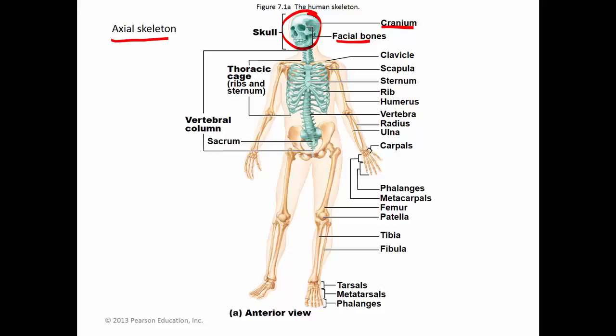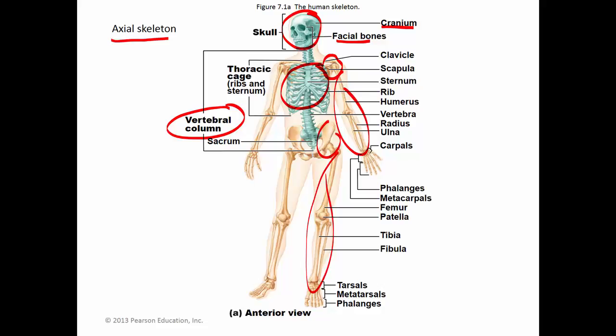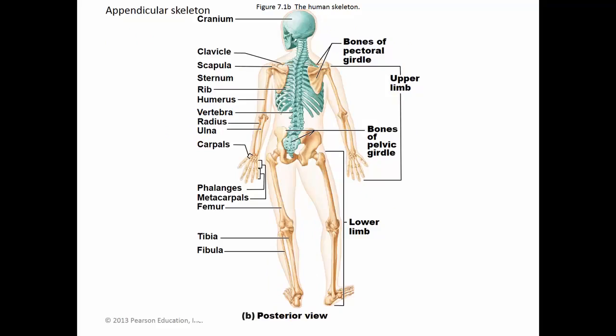And then you're going to have a video about the thoracic cage, which is your ribs, and then your vertebral column, or your quote-unquote backbone, okay? So that's going to be your axial skeleton videos. Then you'll have a separate set of videos with the appendicular skeleton, which will cover your shoulders and your arms and your hips and your legs. Okay, so that's how we're going to break this down.